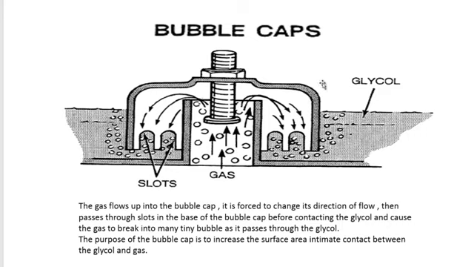The gas flows into the bubble cap. It is forced to change its direction of flow, then passes through the slots in the base of the bubble cap before contacting the glycol. In this case the gas breaks into many tiny bubbles as it passes through the glycol.